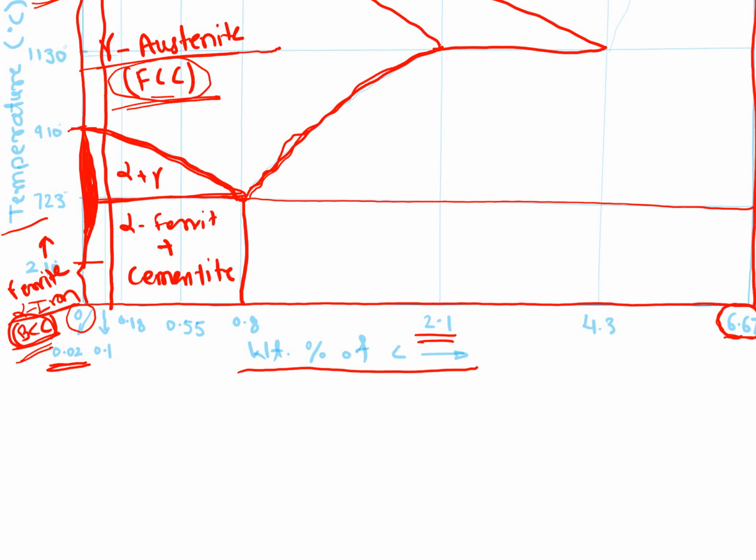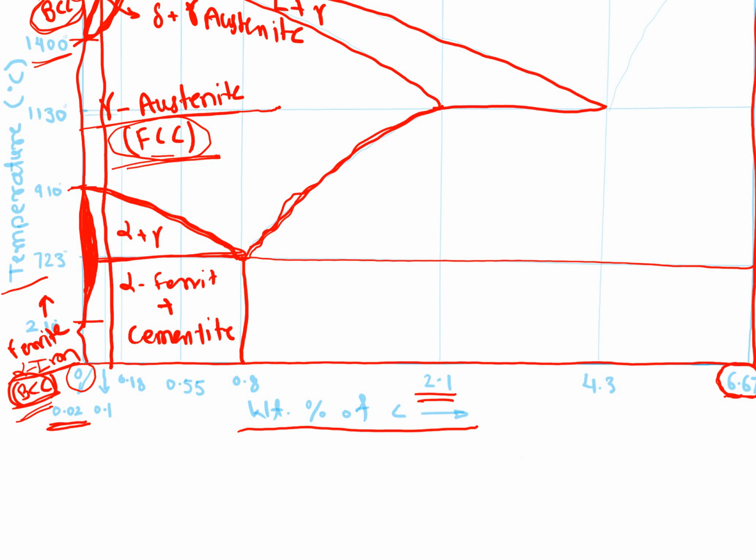Similarly, we will name the others also. Sorry, by mistake I had taken this. This region will be perlite plus alpha ferrite.